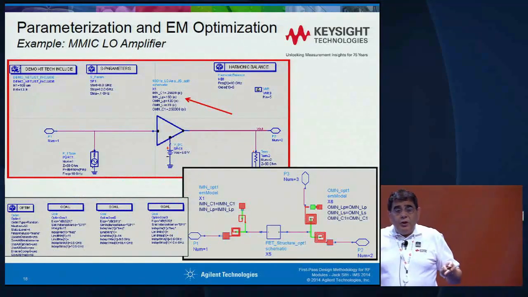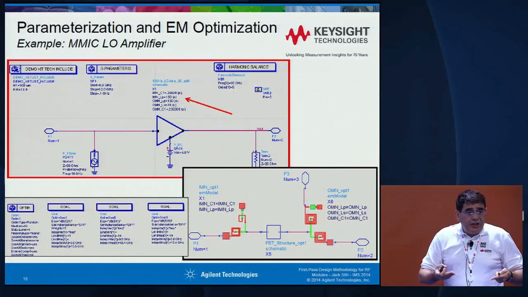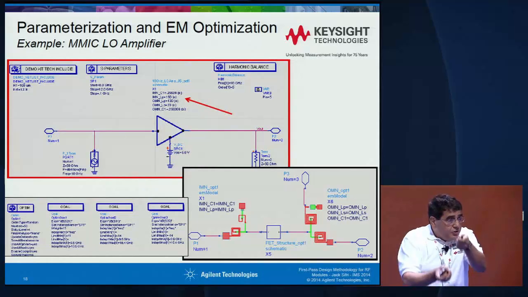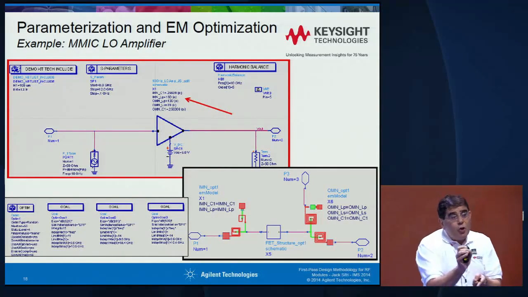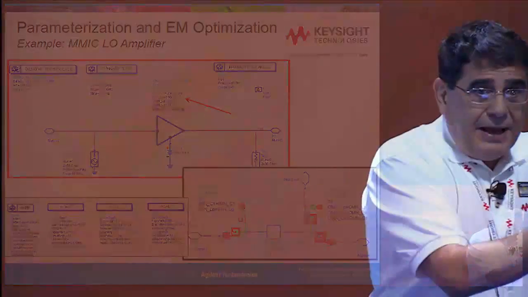Now, if you do have a design like this and you find out that the frequency shifted, what do you do? My recommendation is go to the circuit model, do some tuning on some components really fast, and find out which components affect the frequency, because you want to bring the frequency back.